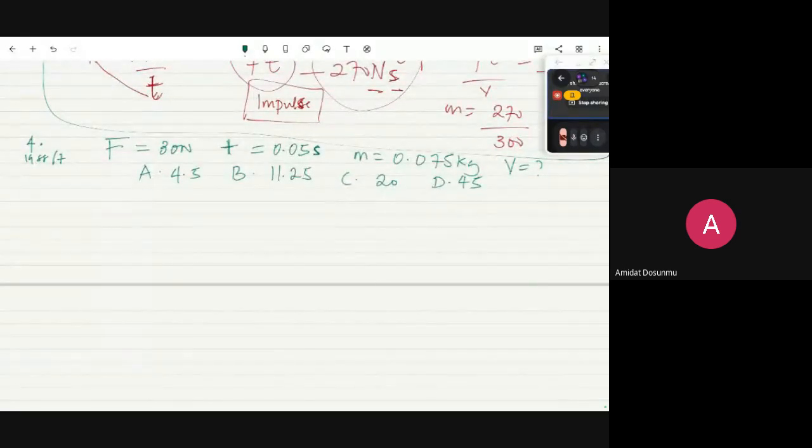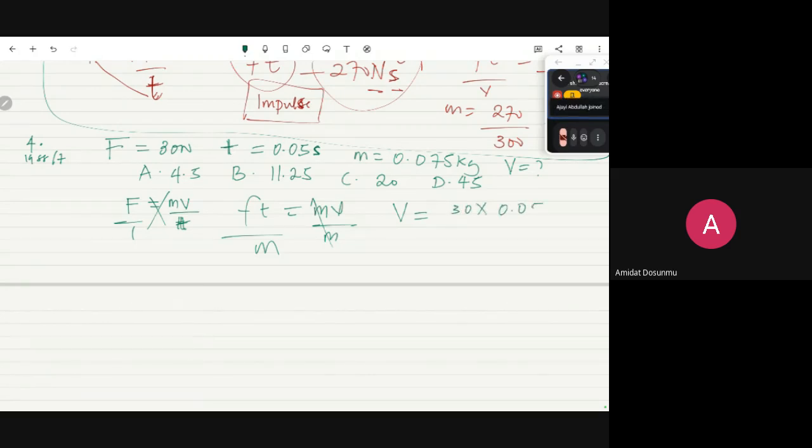So if we come to this question here, we have other parameters. We just have to find V. Good. Somebody has already done it. F is equal to mv over t. So we cross multiply and say Ft is equal to mv. We divide by m on both sides. So our V is equal to F, which is 30, times t, which is 0.05, over 0.075.